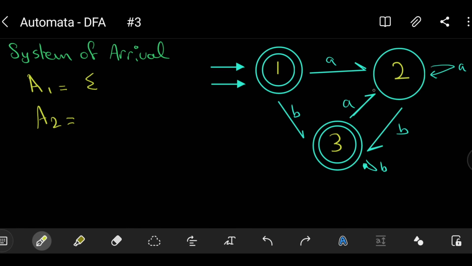What are the things that arrive to 2? It is here the A that is coming from 1, the A coming from 3, and the A coming from itself. Okay, so A2 equal to A1A plus A2A plus A3A.